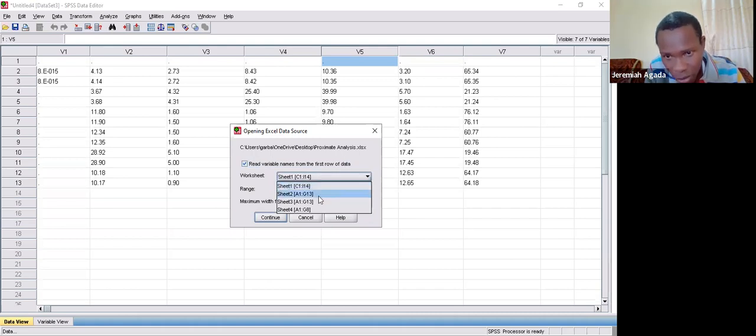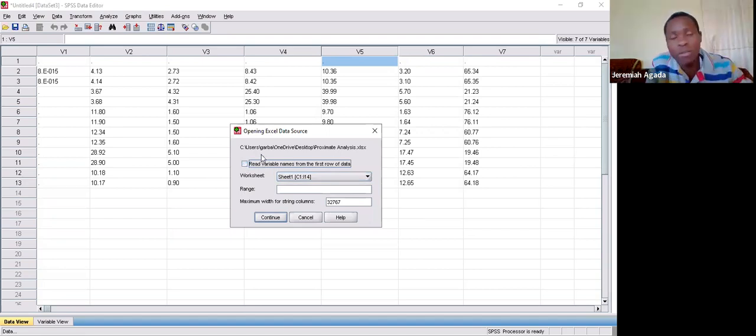Okay, I have several sheets of data here. So I want to open the first one, and then read variable names from the first row of data. If you don't check this one, it is going to give us the same kind of issue that we had. So if I check this, I'll say continue.